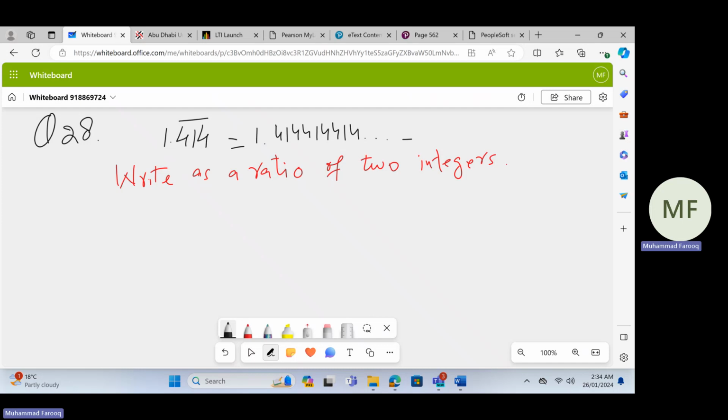Now, step one. Actually, this question has two parts. One part is not repeating, the other part is repeating, so we can make a separation.